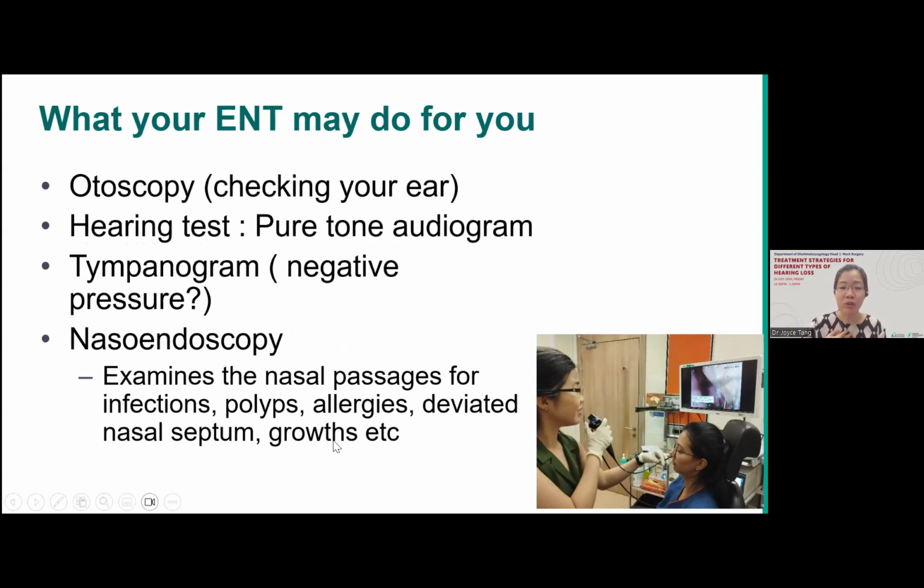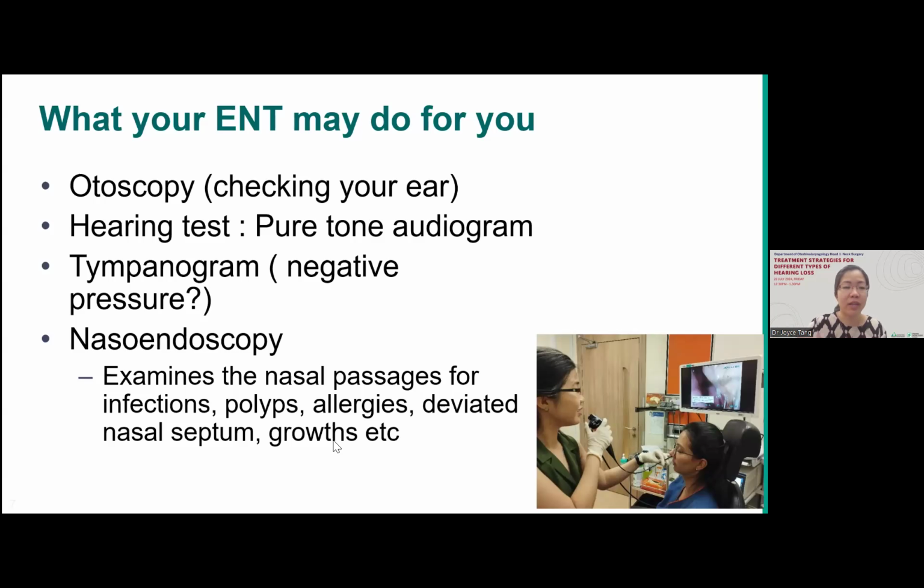And what do we do for you? Again, we check your ears. Might even put a camera into your ear so that you can see it as well. And then we always do a hearing test to definitely say whether you have or do not have any hearing loss. We also do a tympanogram, which is a special test to check the pressure behind the eardrum.